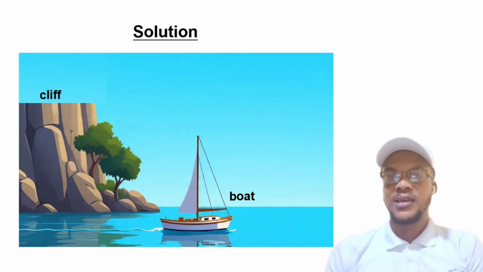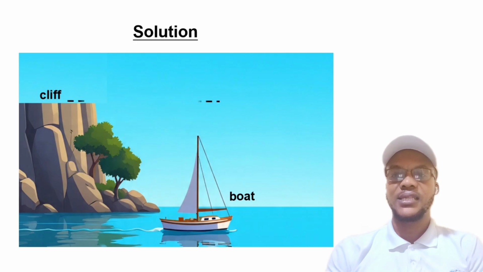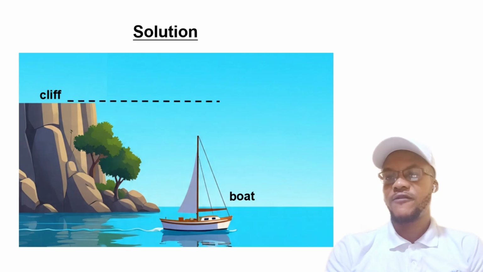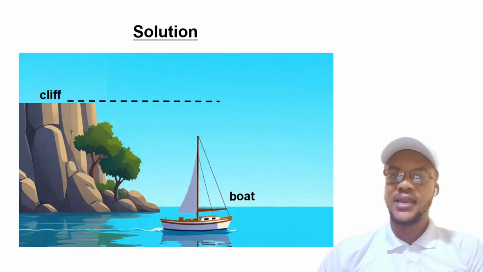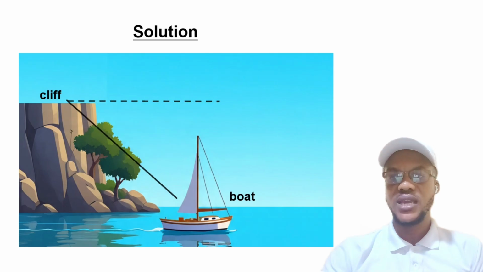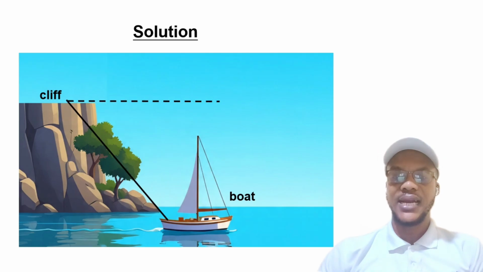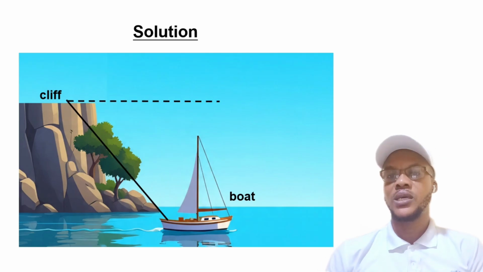As I said, for angle of depression, if you stand on top like this, the eyes focus straight like that. The moment you decide to bend down or bring the eyes down to look at an object downwards like this, there will be an angle formed. That angle is what we call the angle of depression.